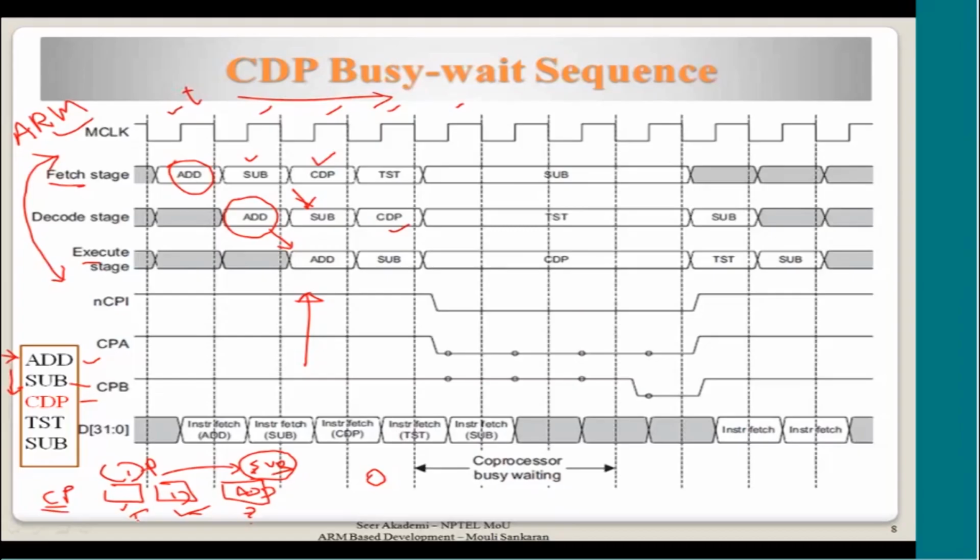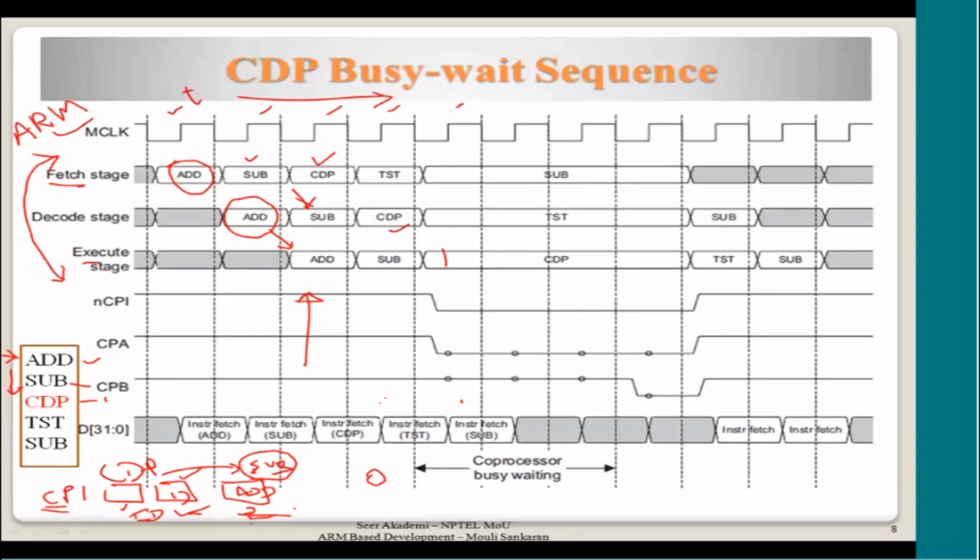It will say, I want to use it, I want to execute it. Okay, in this case it was in decode, both decoded, and then it entered the execute stage of the ARM. Similarly it should enter the execute stage of the coprocessor also.